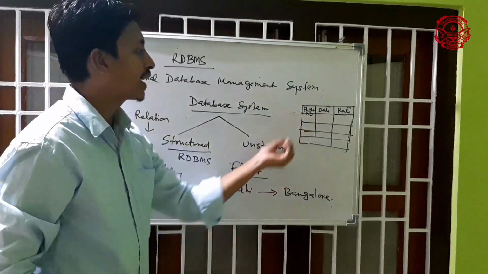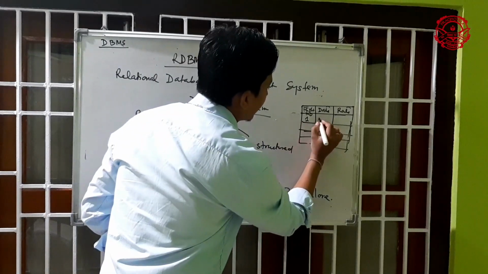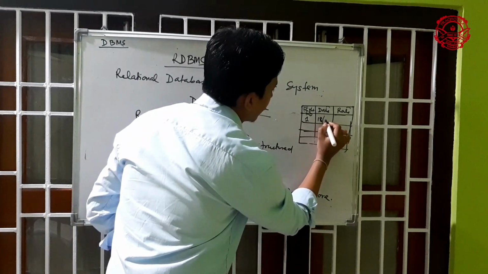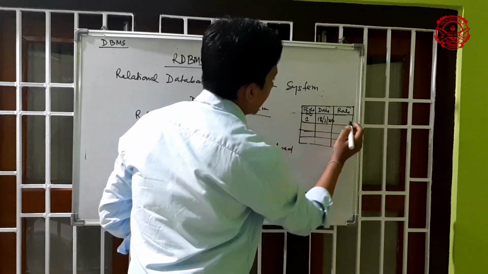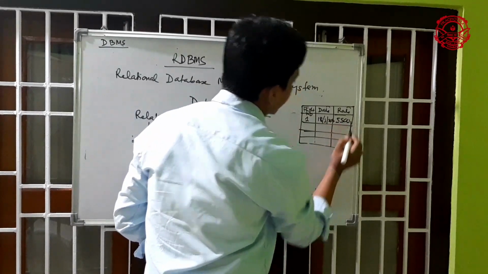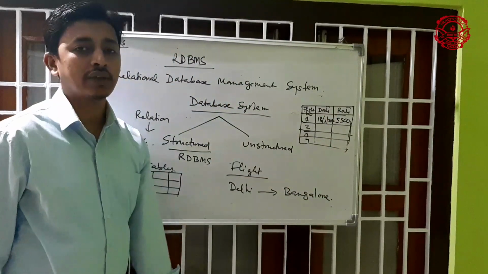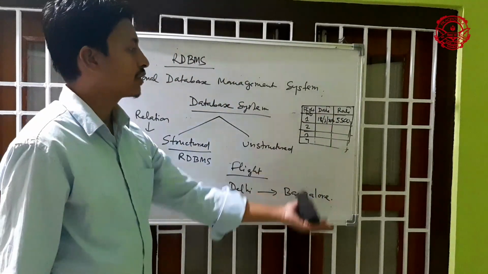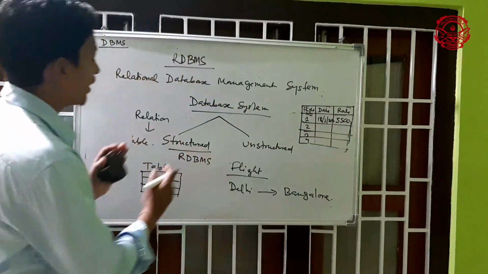I am choosing a flight, say this flight number is 1, and the date is 18 January 2020, and the rate is 5,500. The values will be coming in a structured way. So this is called a structured data format.